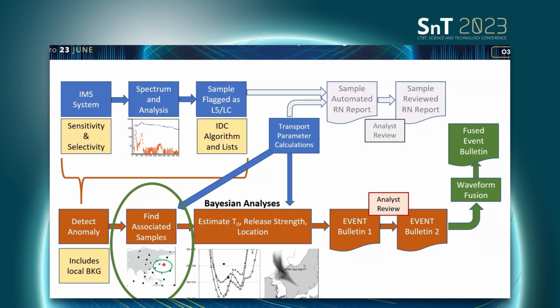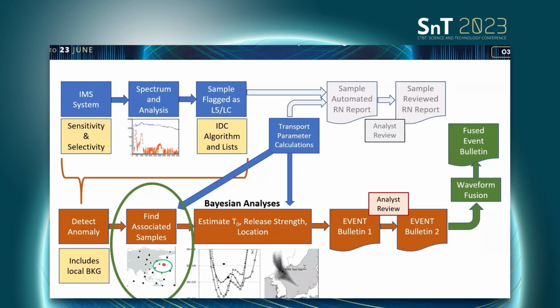Then you go into some kind of a flagging system, which is the anomaly system that we created many, many years ago for level 5 or level C, depending on if you're particulate or xenon. So this is all this IDC anomaly detection that we're crunching down into the first box called detect anomaly.